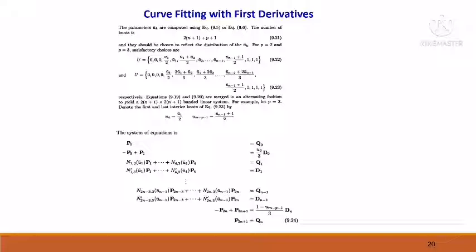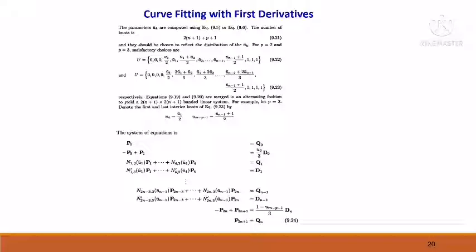The parameters uk are computed using these equations below, with the number of knots being n plus 1 plus p plus 1, and they should be chosen to reflect the directions of uk. For p equal to 2 and p equal to 3, the satisfactory choices are as below, and these equations are respectively merged in alternating fashion to yield these linear system equations.